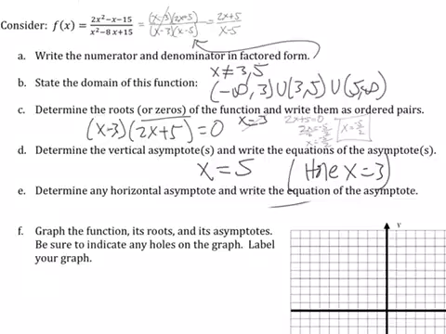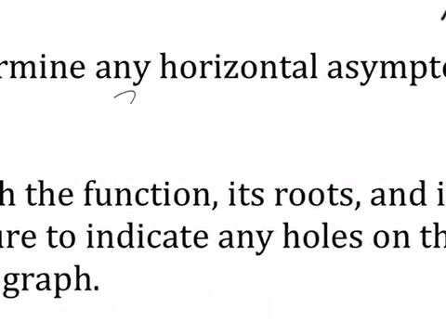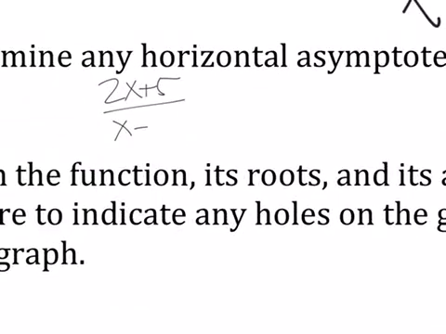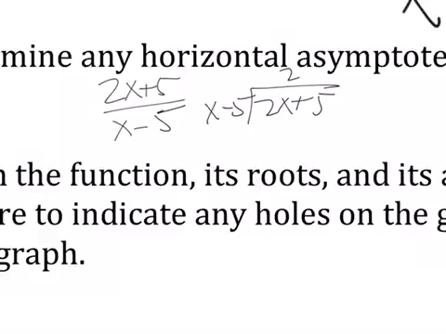All right, horizontal asymptotes. If we take the simplified version, 2x plus 5 over x minus 5, and divide it out, 2 times x minus 5 is 2x minus 10, and we subtract, and that's 5 minus -10, and that's 15.